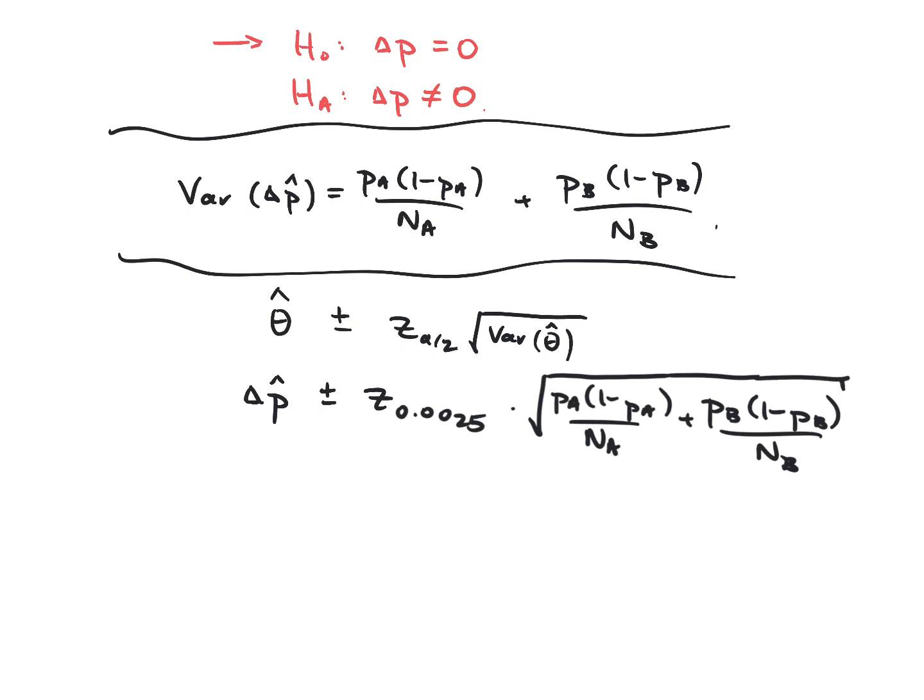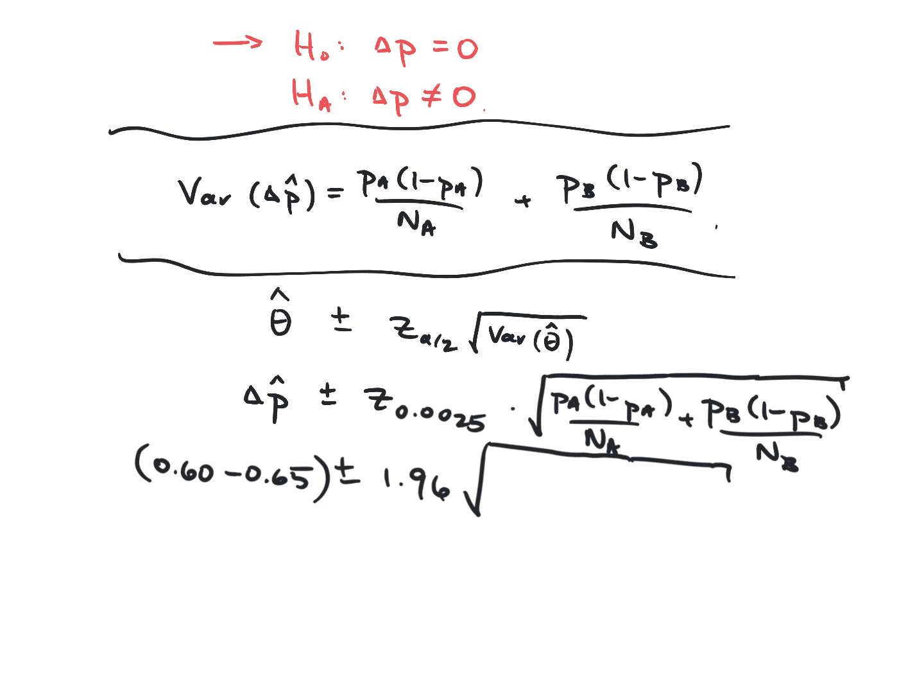Okay, at this point it's a matter of plugging in values. So 0.6 minus 0.65 plus or minus, and we look up the value of z for 95% confidence. That's 1.96 times, and now we get to the messy term.